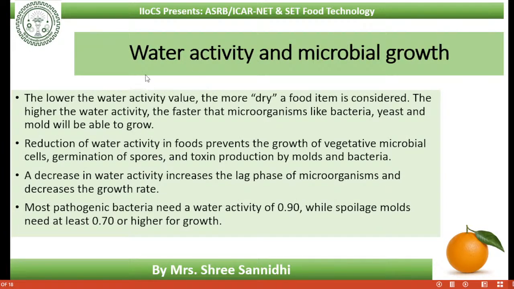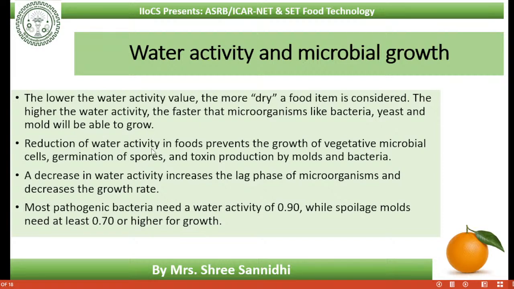Let us next see about the relationship between water activity and microbial growth. The lower the water activity value, the more dry a food item is considered. The higher the water activity, the faster that microorganisms like bacteria, yeast and mold will be able to grow.